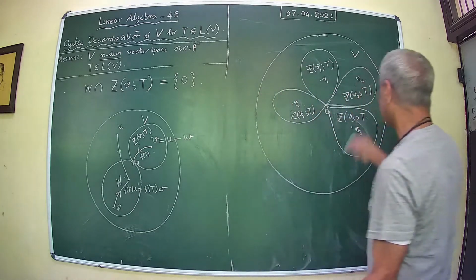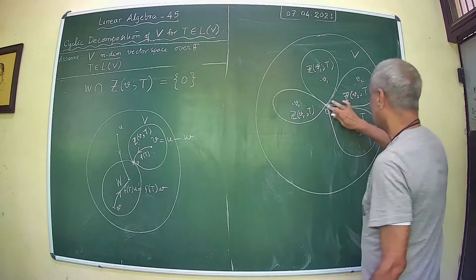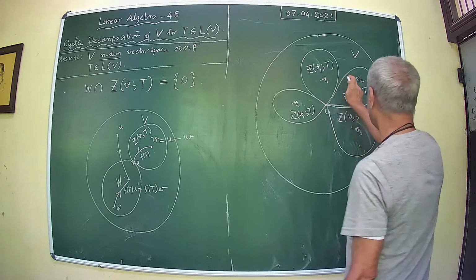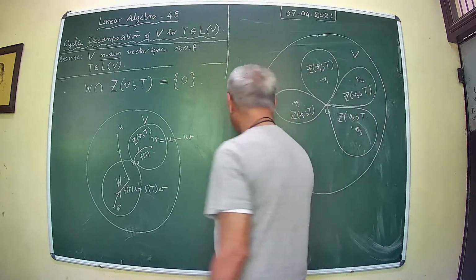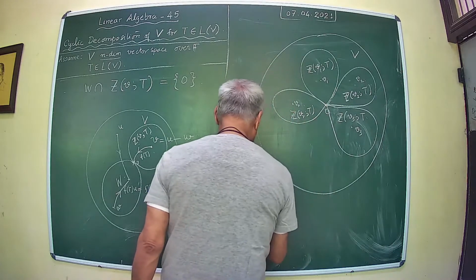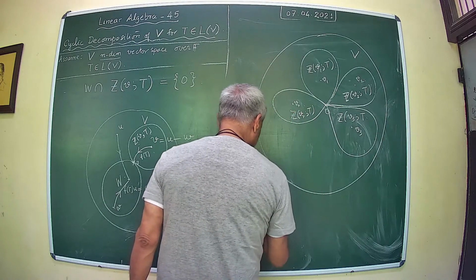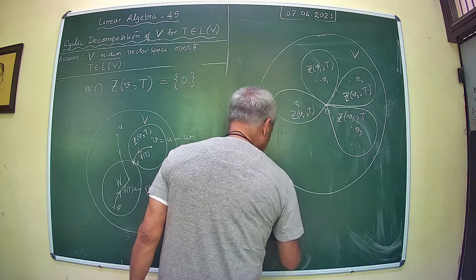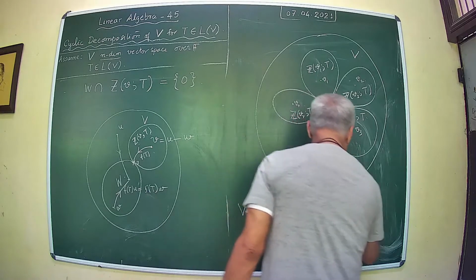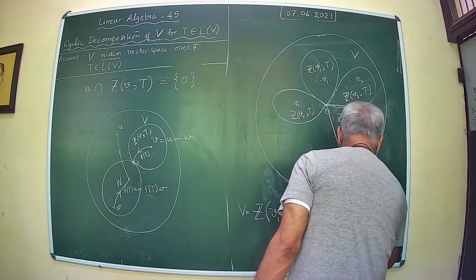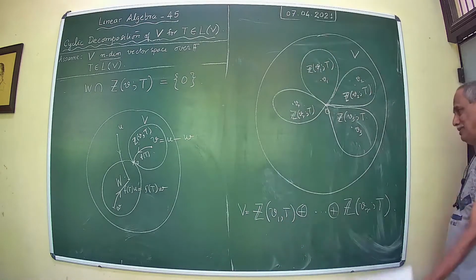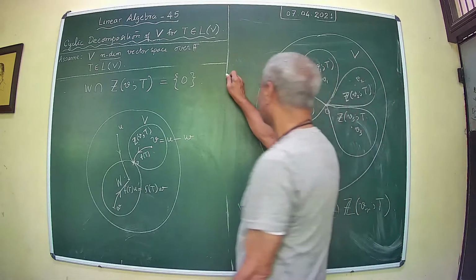In between you have these leaves coming. All of them have zero in common. So these are all invariant subspaces and so on. So you have Z is equal to or V equal to... this is the whole strategy of working out this.